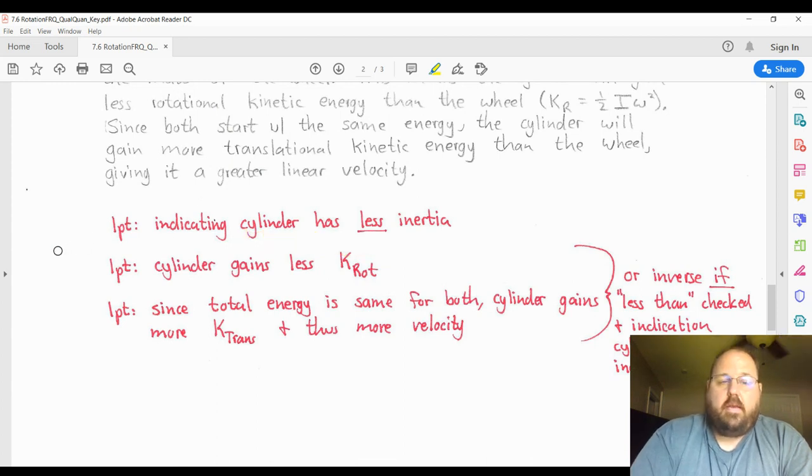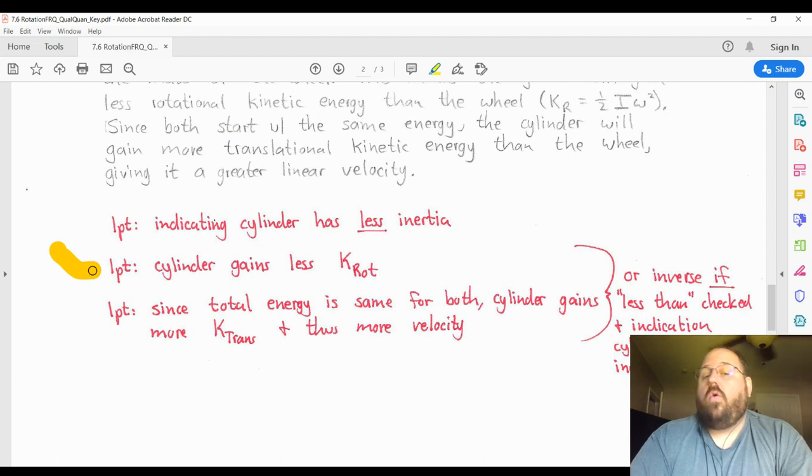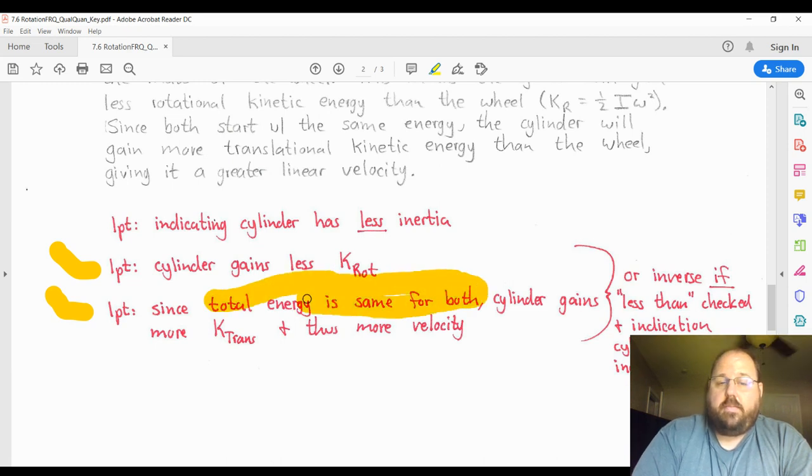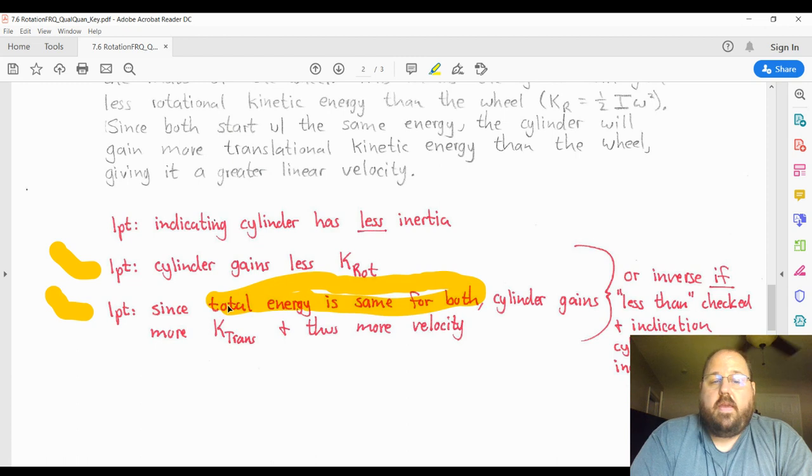The second is to say that the cylinder is going to gain less rotational kinetic energy, or you could say that the original wheel would gain more rotational kinetic energy. So saying one thing and saying the inverse of that thing would be the same. And then since the total energy is the same, and we do need to mention something about the total energy being the same, then the cylinder is going to gain more translational kinetic energy and thus more velocity.